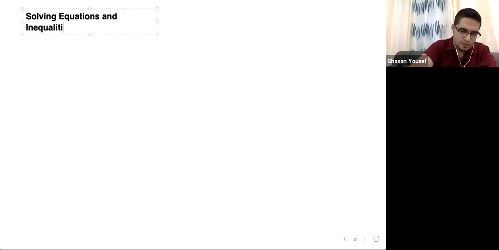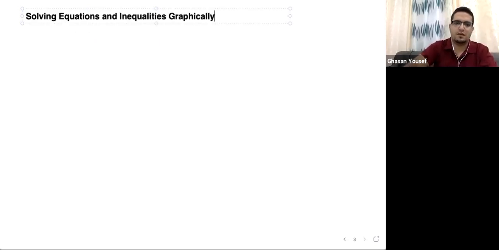Solving equations and inequalities graphically. So I'm going to give you the definition or the idea of how we can solve equations and inequalities by the graph.